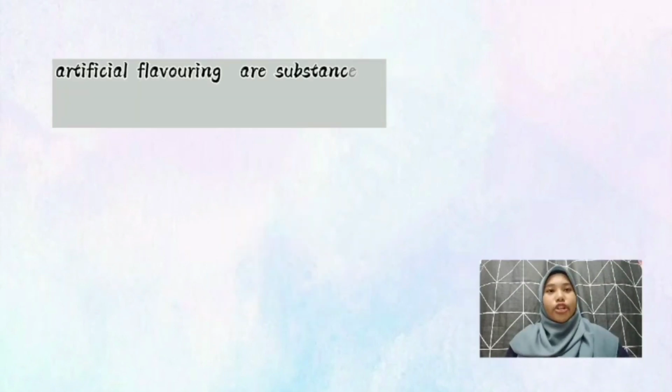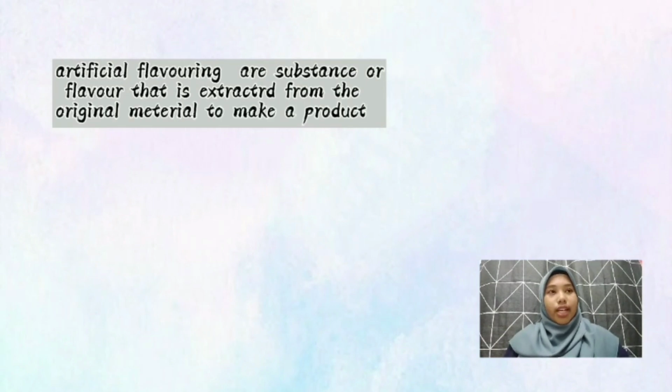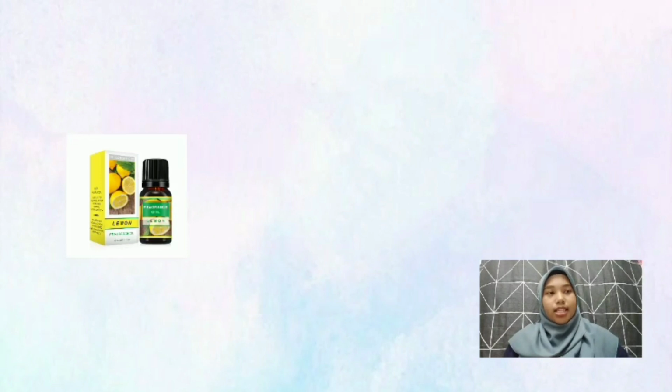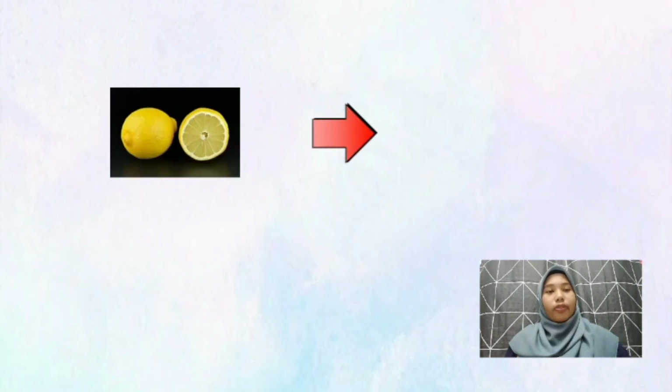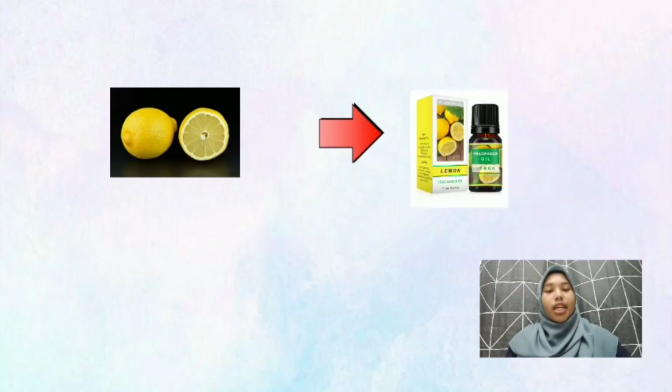Next is artificial flavoring. Artificial flavoring is a substance or flavor that is extracted from the original material to make a product. So for example, lemon fragrance. It was extracted from lemon and processed into fragrance for human use.